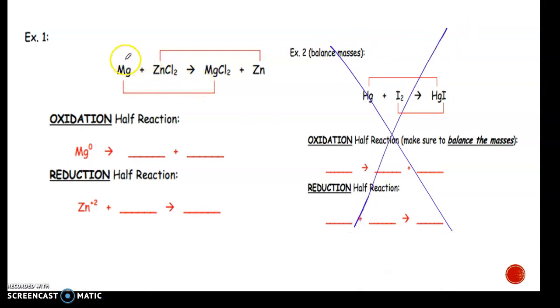I'm going to do the oxidation states for this equation, assigning oxidation states. Magnesium is by itself, so it has a 0. Zn is by itself, so it also has a 0. Zinc chloride and magnesium chloride are compounds, so their overall oxidation state needs to equal 0, but they have individual oxidation states within that compound.